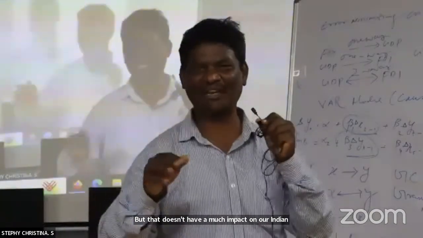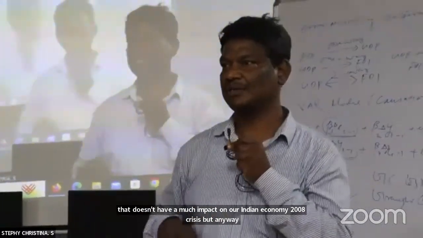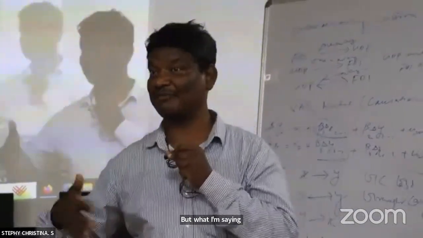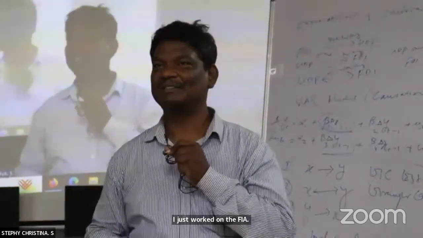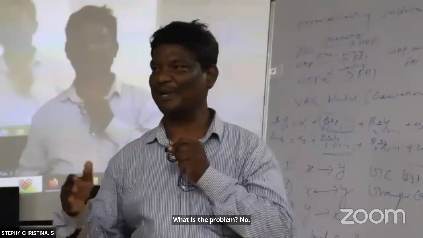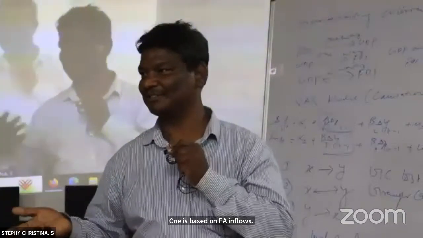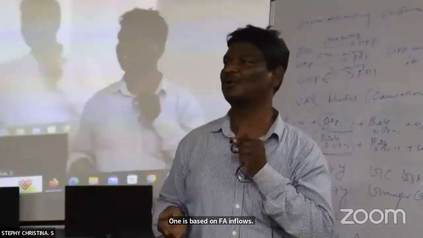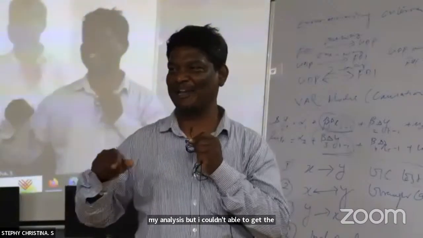But anyway, what I'm saying, I just worked on the FII. What is the problem? I want to extend that work, one based on FII inflows. To go ahead with my further analysis, I couldn't get the industry-wise FII inflows.